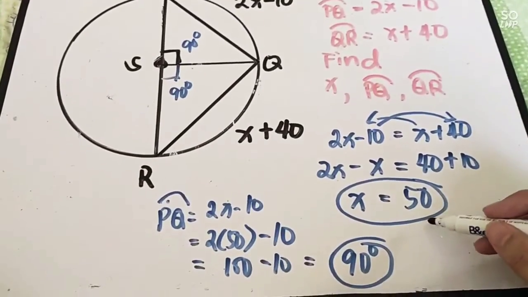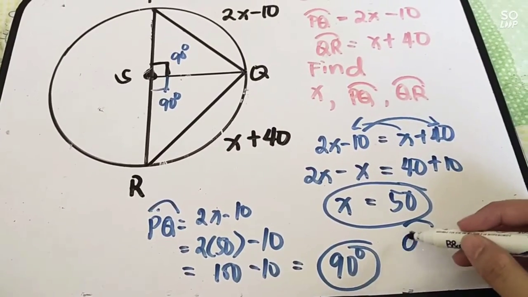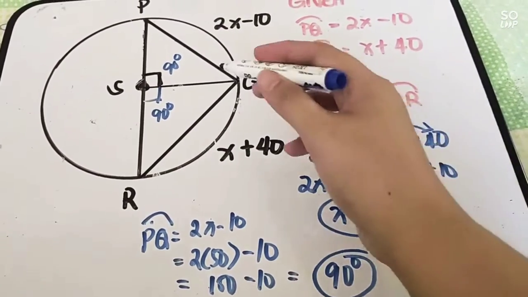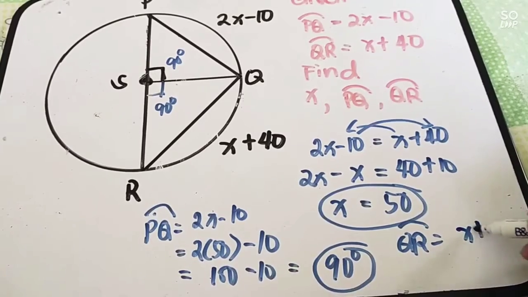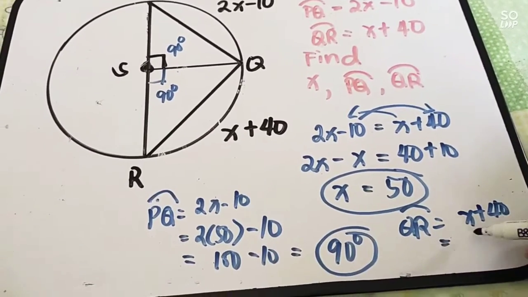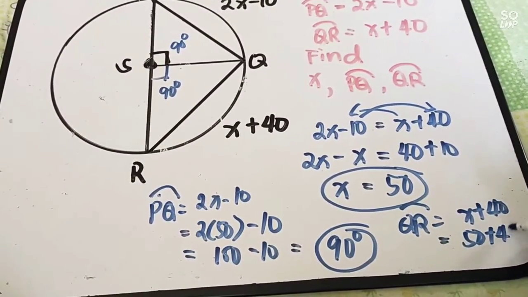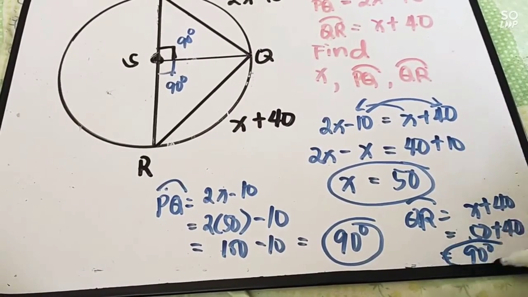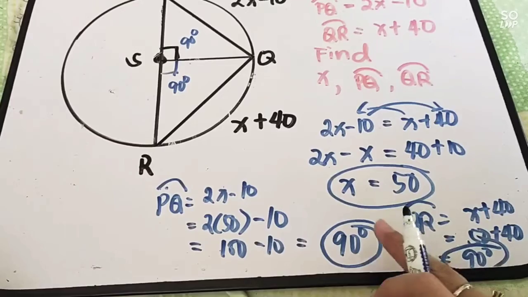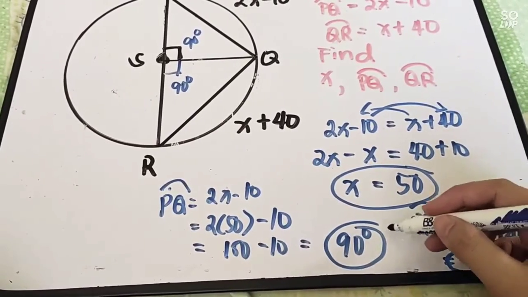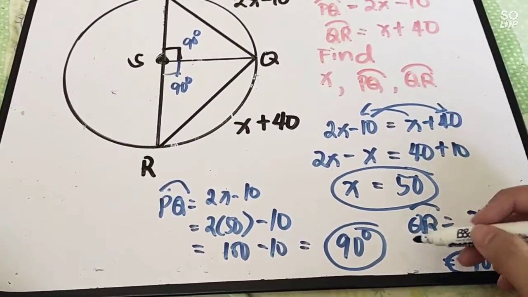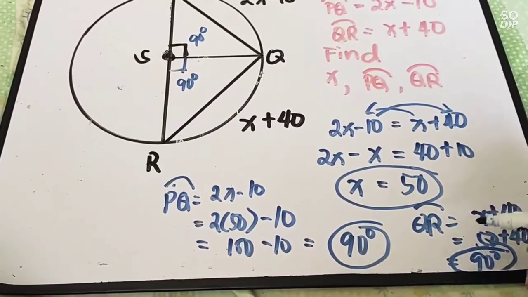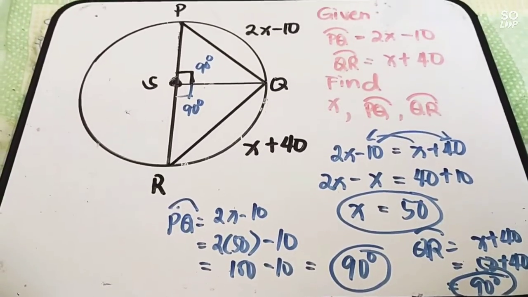Next, the other one, we have arc QR. Arc QR is equal to x plus 40. So, we have here 50 plus 40. The answer here is 90 degrees. Is it clear? I used a degree sign because I don't have the letter M. But if I have the letter M there, I can skip the degree sign. Okay?